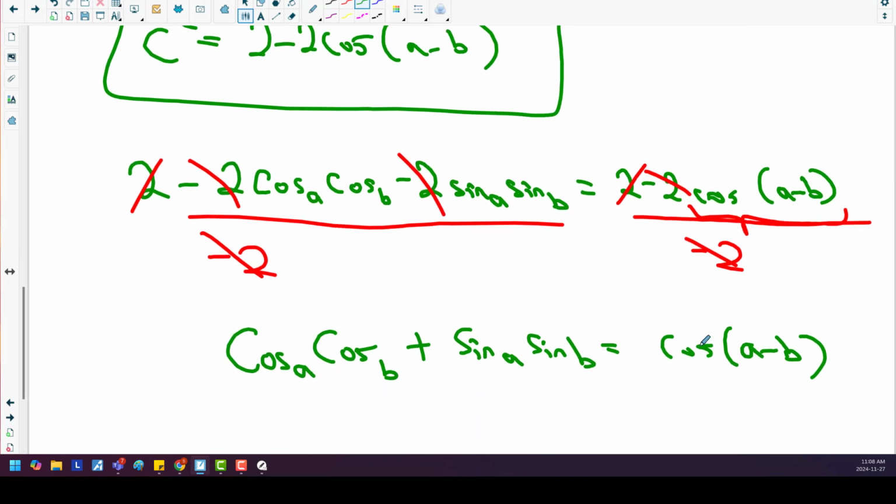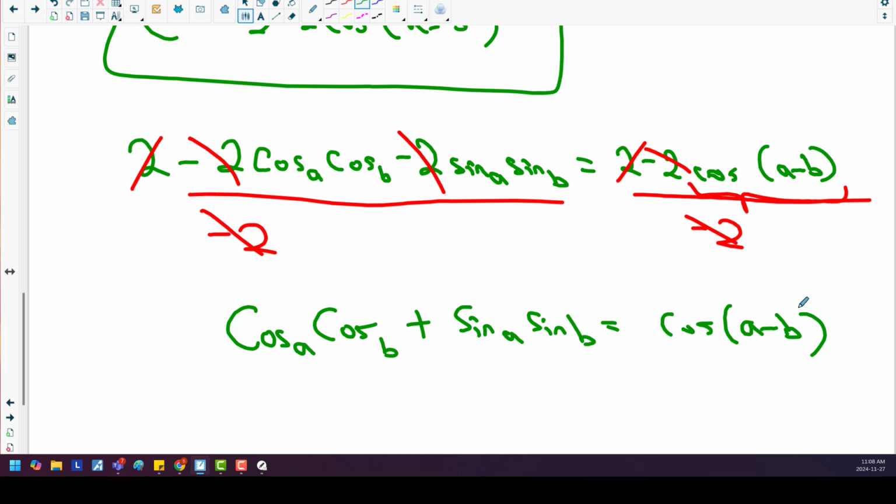Well, cos x minus y, in this case x being A and y being B, is equal to cos A cos B plus sine A sine B. Or if you really want to use x and y's, obviously just change it. There you go. There we have it. So that's a proof for a compound angle formula.